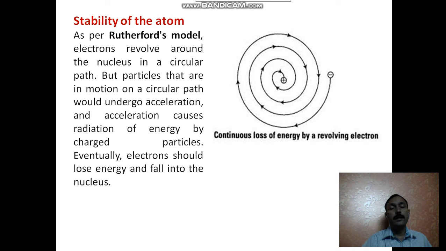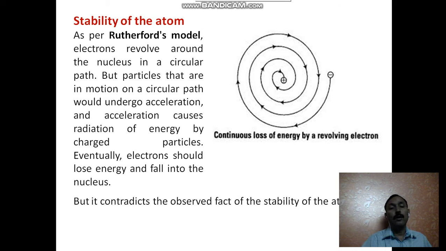So it will radiate energy. Eventually, electrons should lose energy and fall into the nucleus. As it is revolving round, one rotation after another, it is losing its energy, and as per the Rutherford model, it should collapse onto the nucleus.